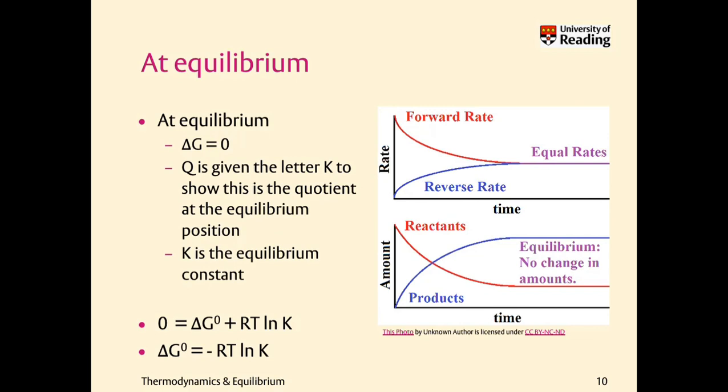Do remember, though, that at equilibrium we do not have a static situation. We are looking at two reactions, one going from reactant to product and one going from product to reactant. Equilibrium is not static. You can think of it as a position of calm, like the amount of work you're being asked to do.